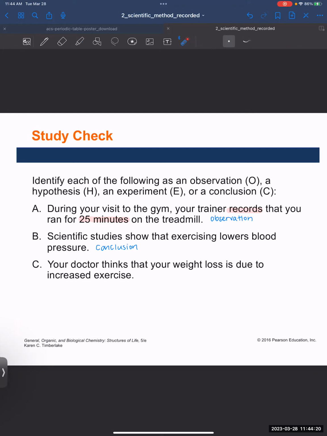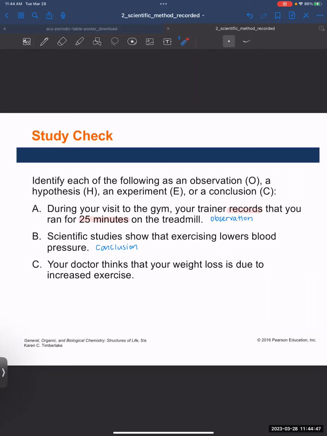Well, as you can see here, it says scientific studies. So it sounds like many experiments were done. And that there's kind of a statement being made here, right? Exercise lowers blood pressure. That sounds like a conclusive statement, and it's supported by evidence and different scientific studies. So this is a conclusion.